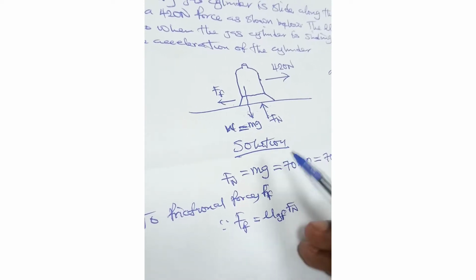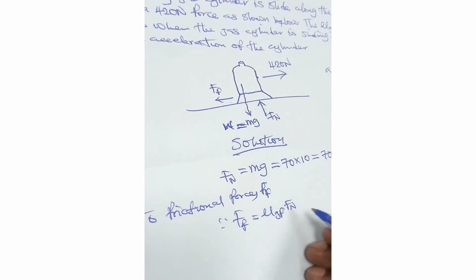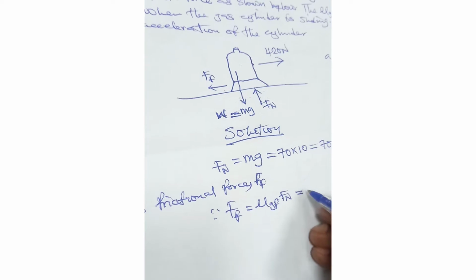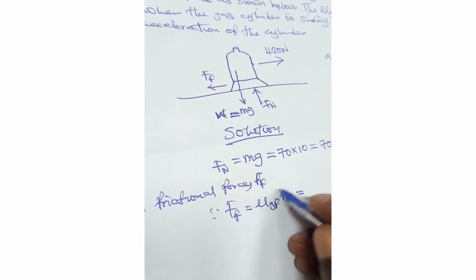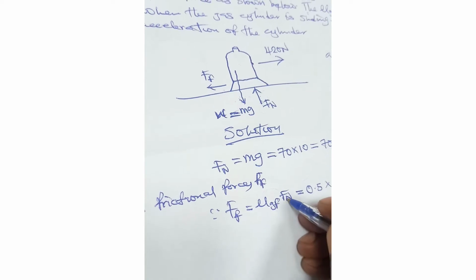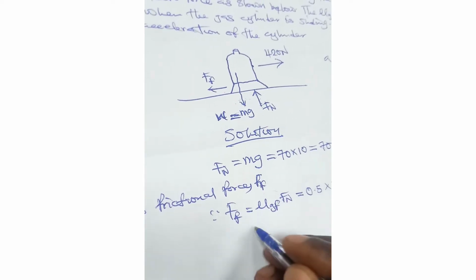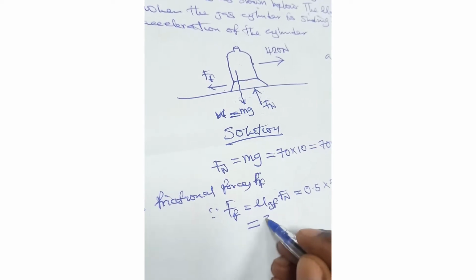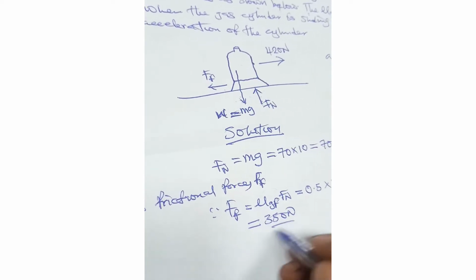Remember, in this question, your Fn represents your normal reaction. It is given to be 0.5 times 700, and this is going to give you 350 Newton.